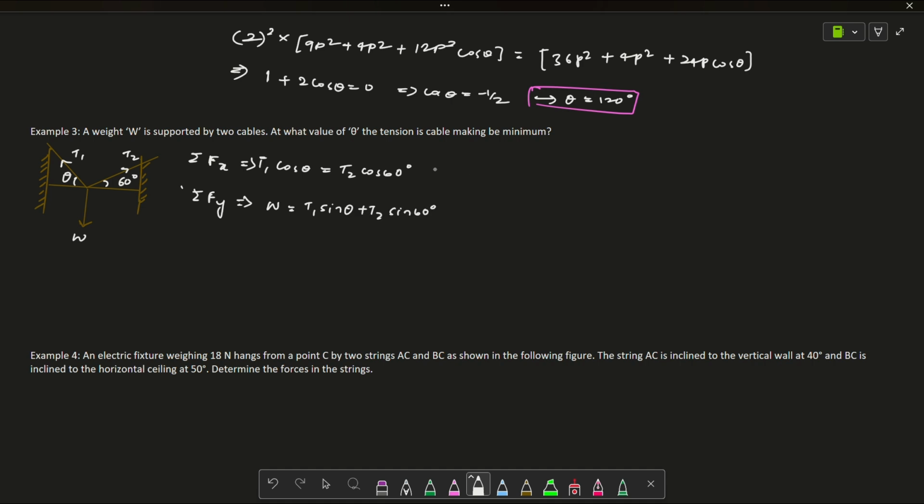Now we have to replace T2 with T1. T2 is equal to T1 cos theta divided by cos 60 degrees. Cos 60 degrees is 1 by 2, that means it will become 2T1 cos theta.